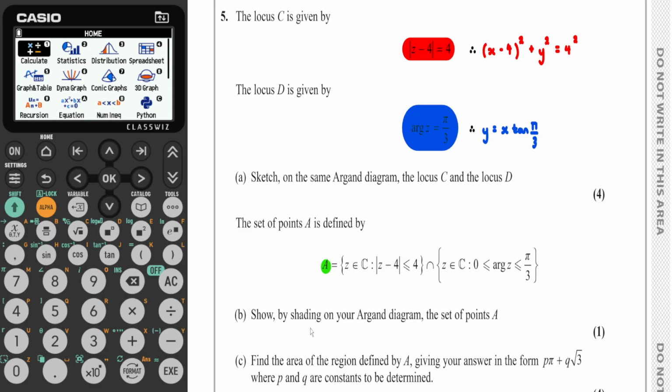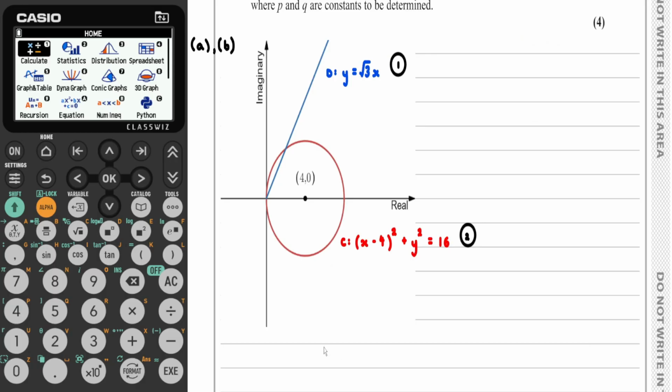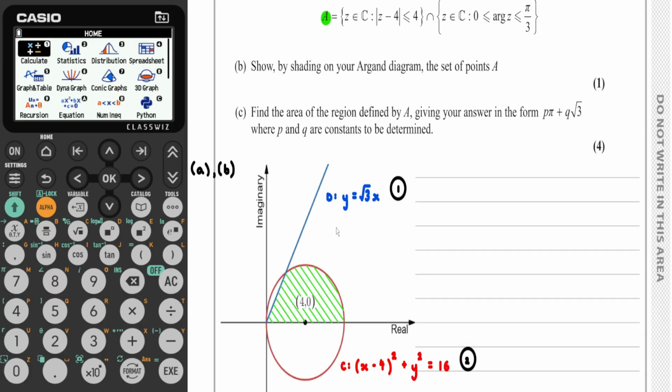Part B. Show by shading on your Argand diagram the set of points of A. For part B, we have the region shown shaded here.